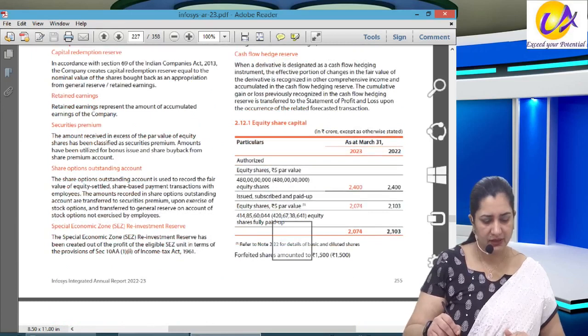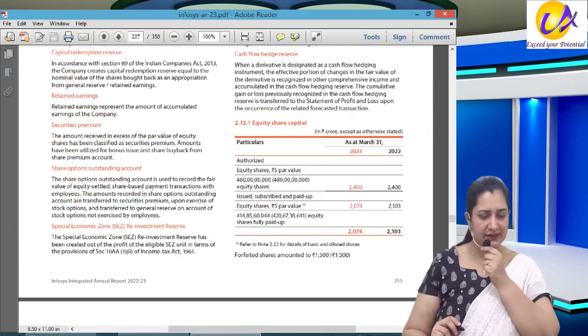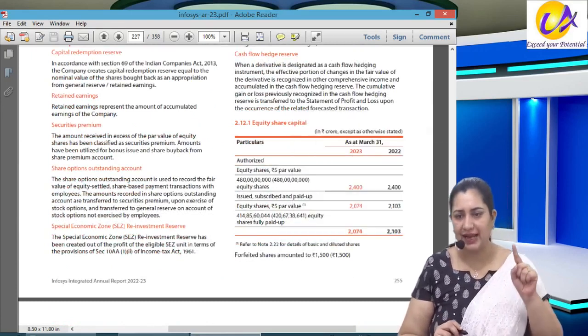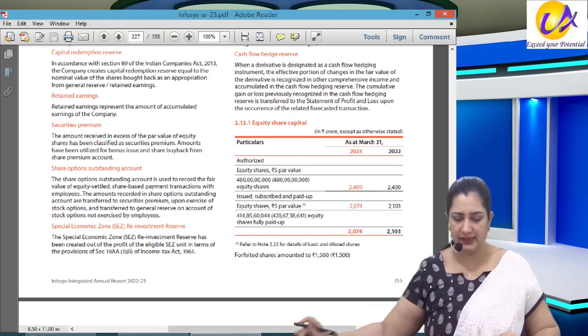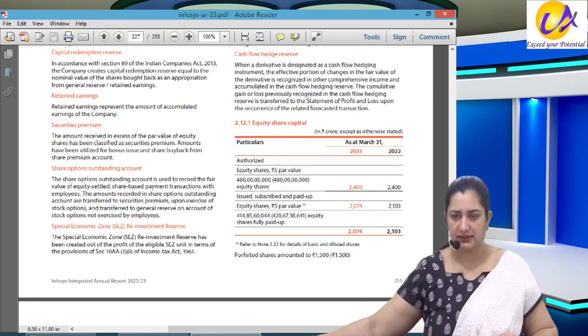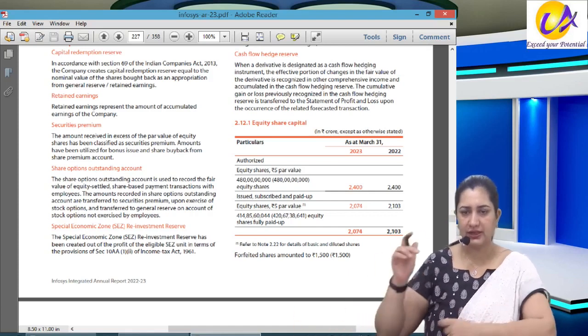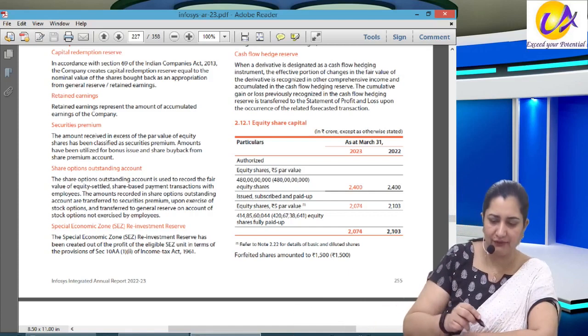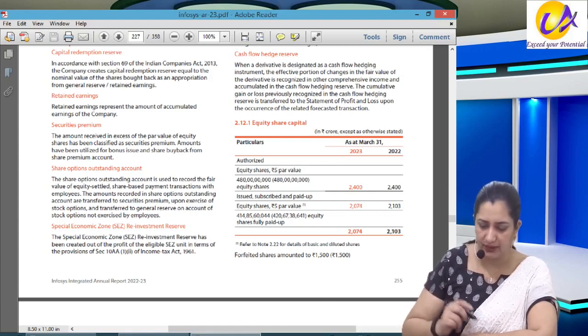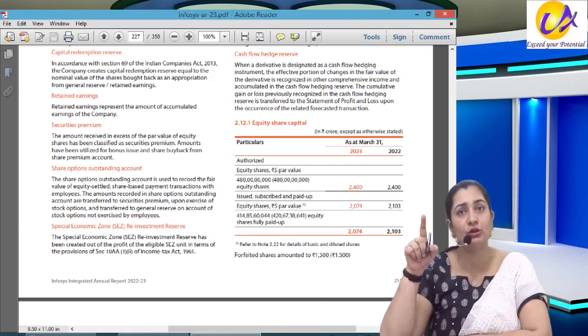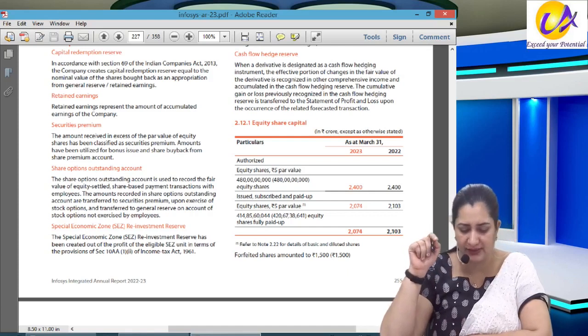Did you see? Share options outstanding, CRR, share capital they have given: authorized, issued and paid up. You have it here, right or no? Face value is 5 rupees; you have to give that now. How many equity shares do they have?